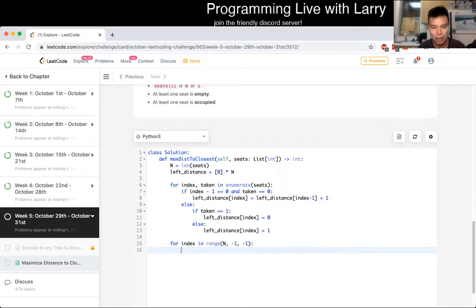So now we track the right distance. We don't need another array, though we can do it for symmetry and understanding reasons. If you want to do that, you could do right distance is equal to 0 times n, and then you basically do this, but going backwards, and checking index plus 1 instead.